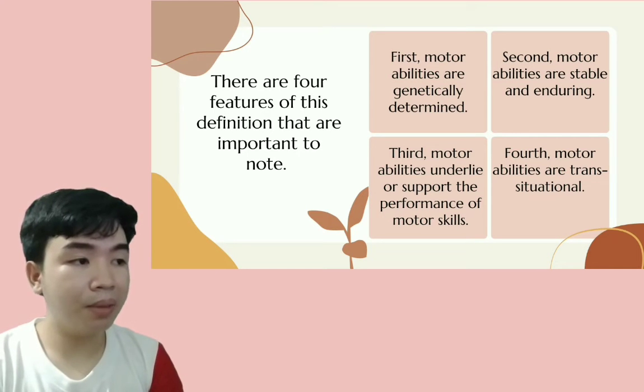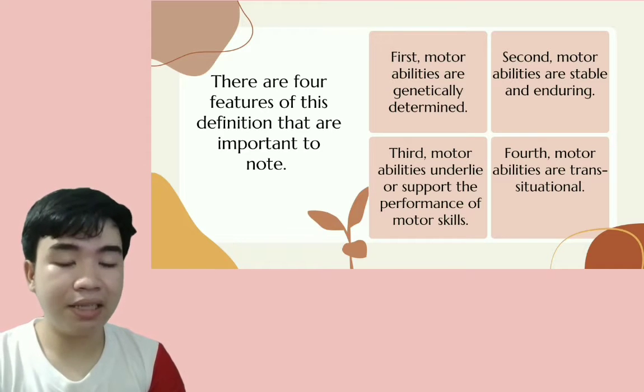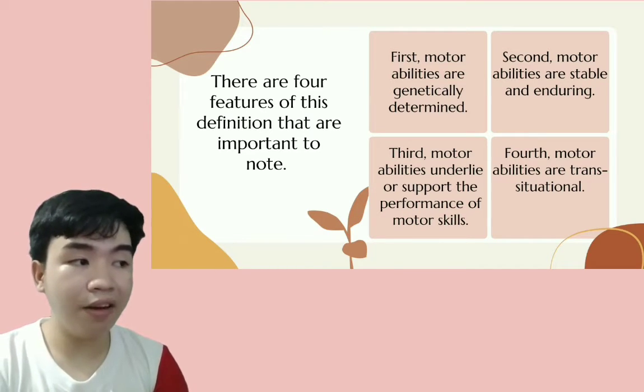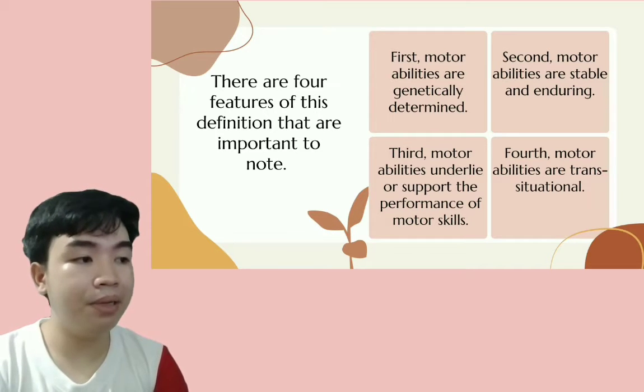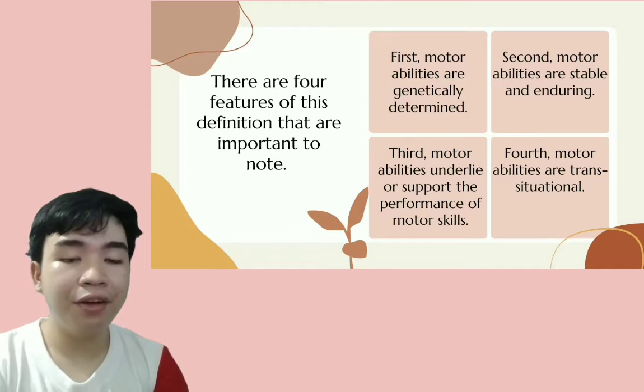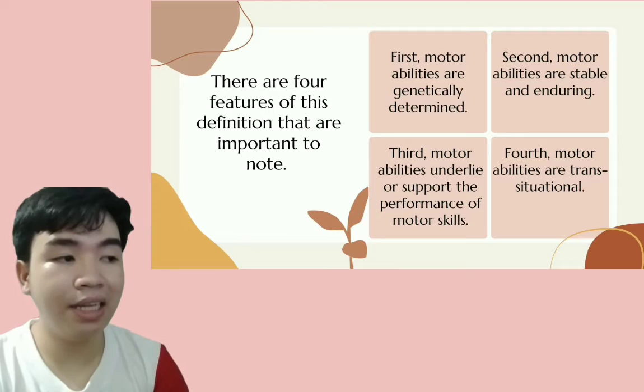Fourth, motor abilities are transsituational. A given motor ability may be manifested in a wide variety of skill situations. Any given motor ability may be an essential building block for a large number and variety of different skills.